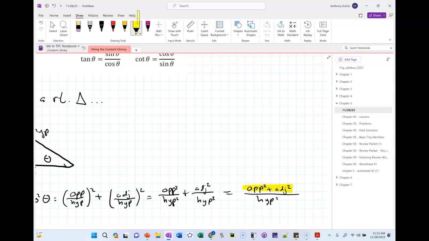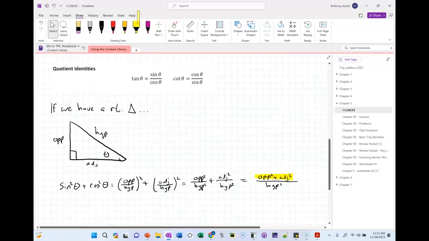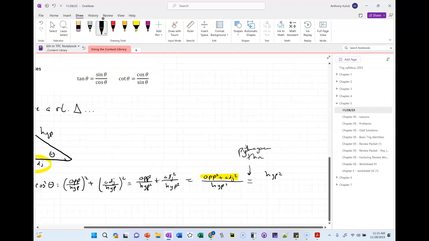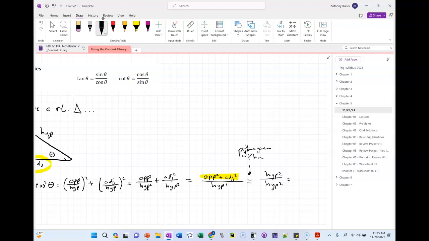What does opposite squared plus adjacent squared have to equal? Remember that opposite and adjacent are sides in a right triangle. Hypotenuse squared. Why? The Pythagorean theorem. Yes, sir. And what is hypotenuse squared over hypotenuse squared have to equal?